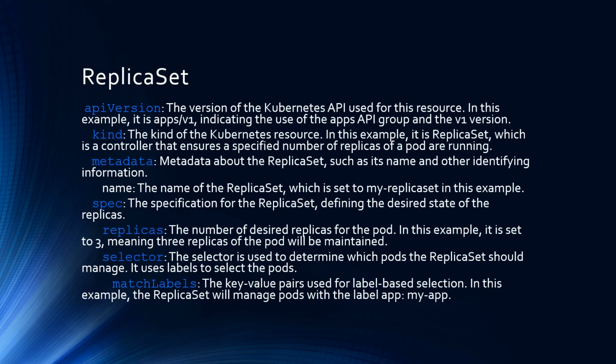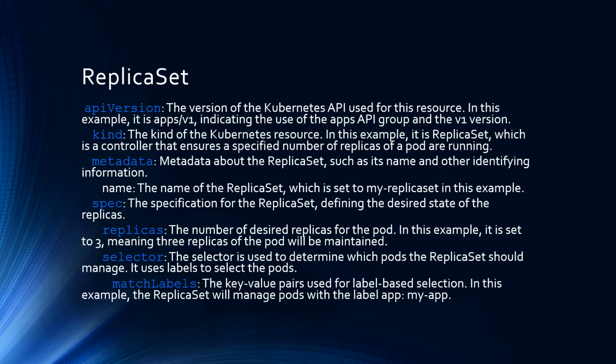Let's delve deeper into the components of a replica set specification, focusing on the crucial elements that make it work effectively in a Kubernetes environment. The apps/v1 API version indicates that we're using a stable, production-ready API. This is important because Kubernetes APIs evolve, and using the right version ensures compatibility and access to desired features.